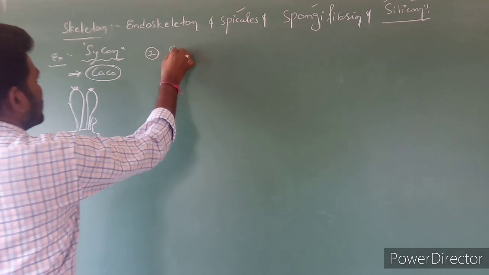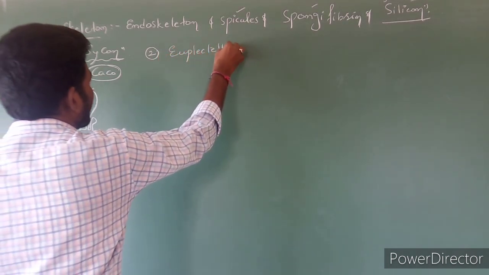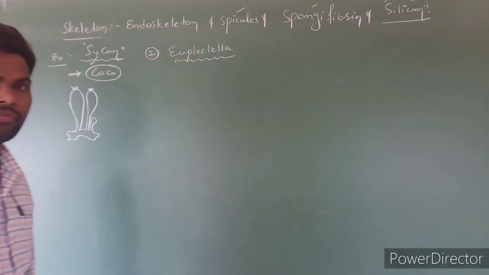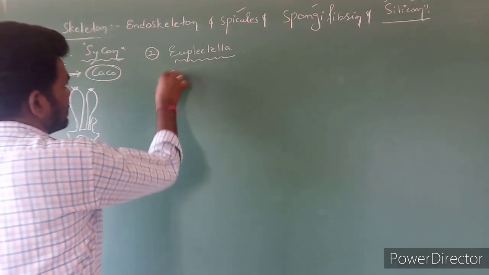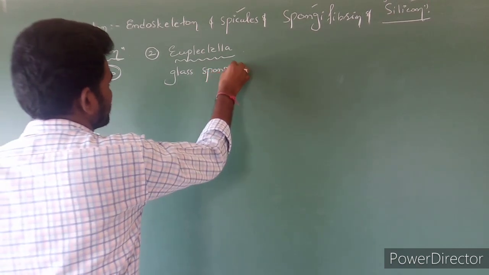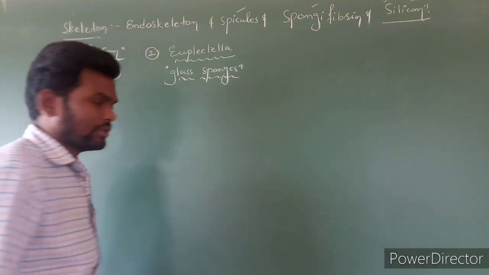The second example of sponges is Euplectella. It is also known as glass sponge.